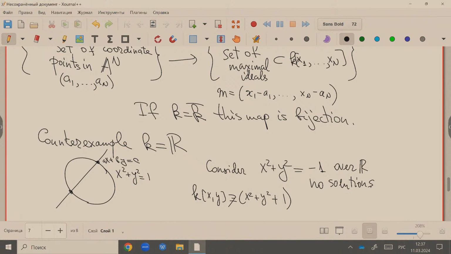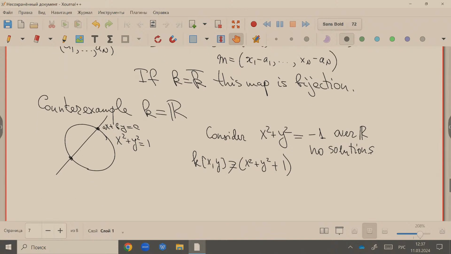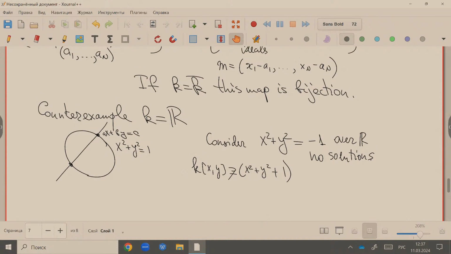So the existence of such a circle is a counterexample to the Hilbert Nullstellensatz, because you have a system without any solutions. The system consists of one equation.